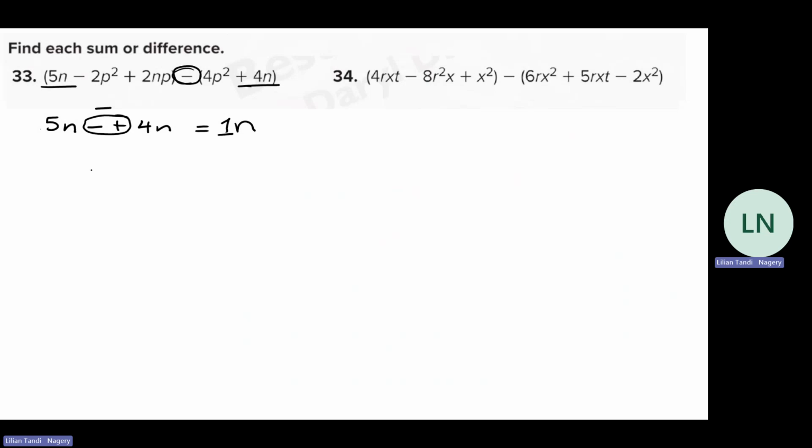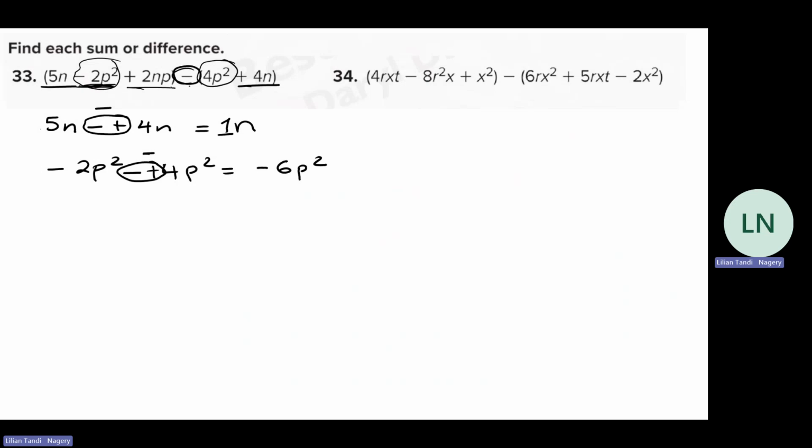Okay, then we need to do this. And the friend is here. Okay, so negative 2p squared minus positive 4p squared. This becomes subtract, and negative 2 minus 4 is negative 6p squared.